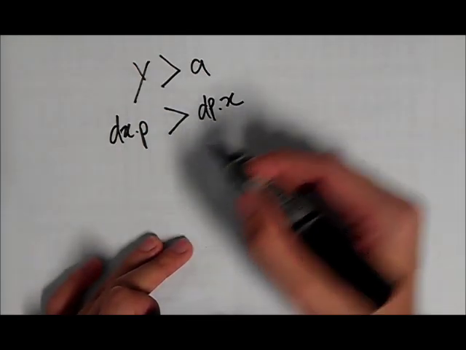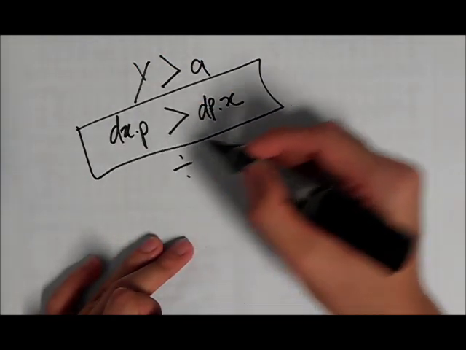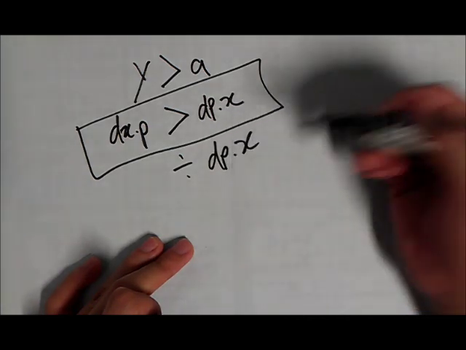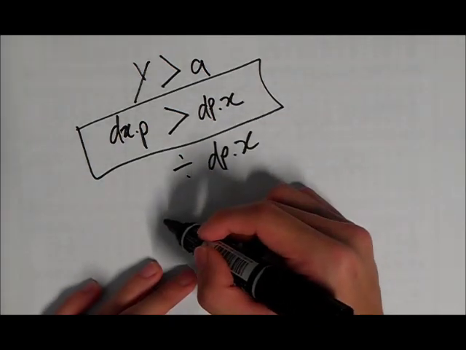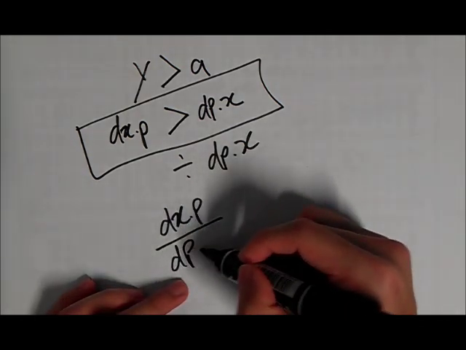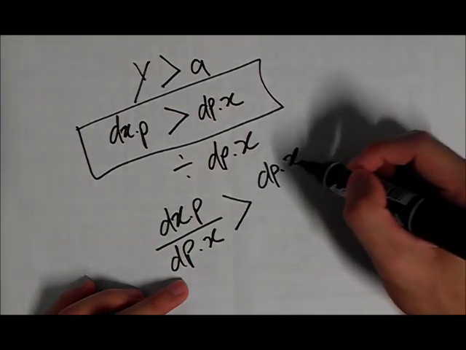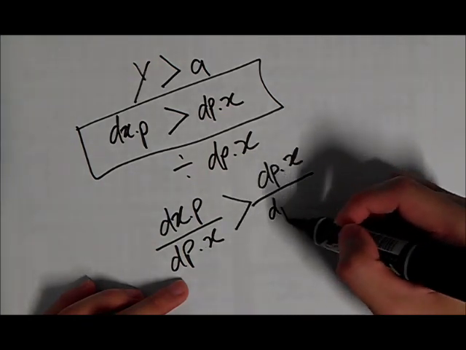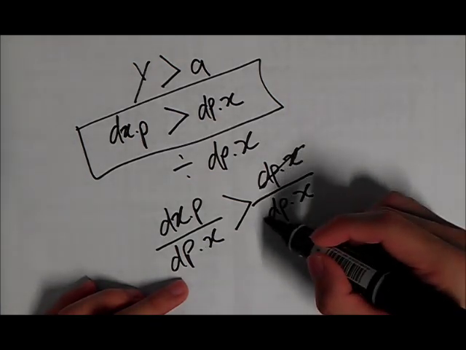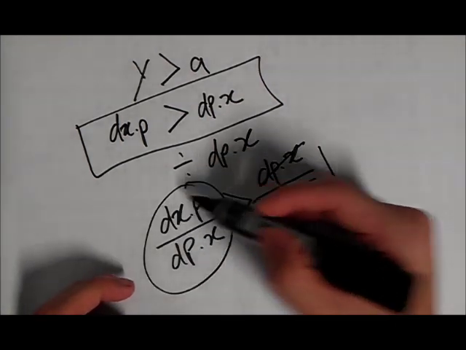Now if you notice, if you divide this equation by dp times x, you get this. If you cancel this off, it's going to be 1. Does this look familiar to you?